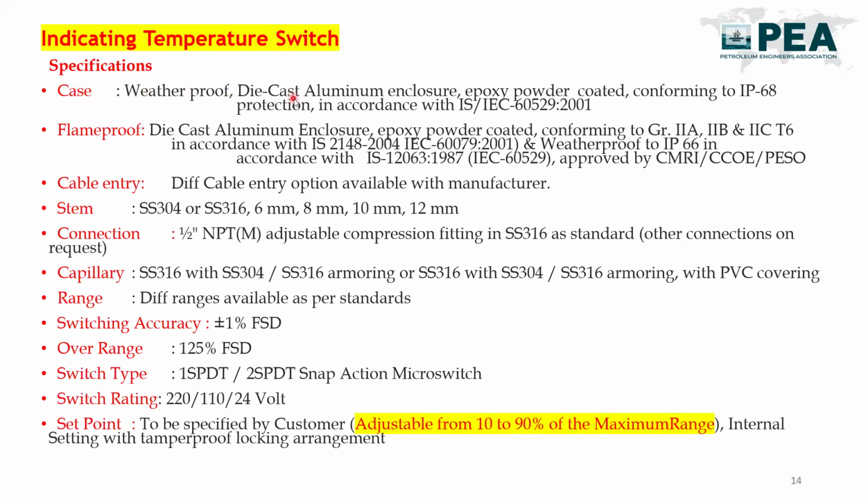So this case material can be a die-cast aluminum enclosure, epoxy powder coated, and an IP rating will be there. This die-cast aluminum enclosure will have some flame-proof specifications, like gas group specification and temperature class specification.